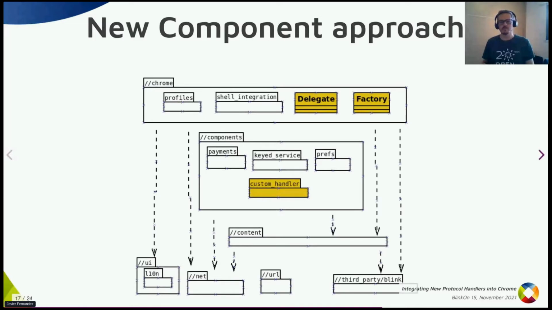This refactoring would require that we still have some specialized delegate in the Chrome layer to deal with the underlying operating system APIs. And for the factories, each embedder and Chrome will have their own factory to create the appropriate delegate instance and the registry.